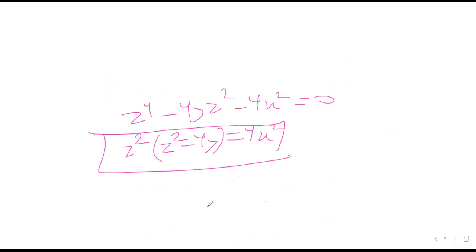This is your general solution. But if you want to reduce it further, you can, because if I take the under root, I will get z square minus 4y equals this.